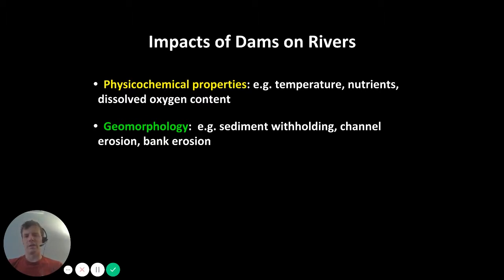They tend to impact the nutrient content and potentially also dissolved oxygen content of rivers as well. Geomorphology, so they can increase channel erosion and bank erosion downstream. They also withhold sediment, so they trap sediment that needs to be transported downstream, potentially nutrient-rich sediment. So these are all very significant environmental impacts.